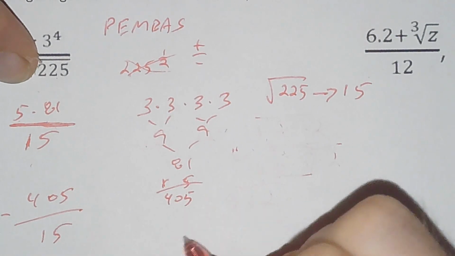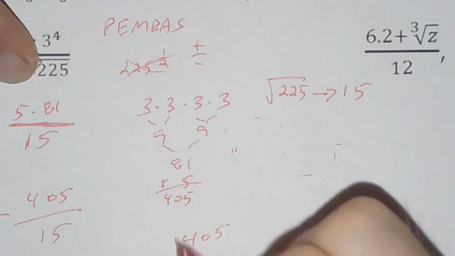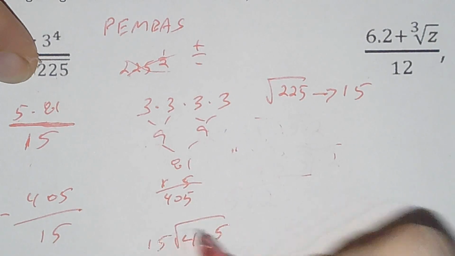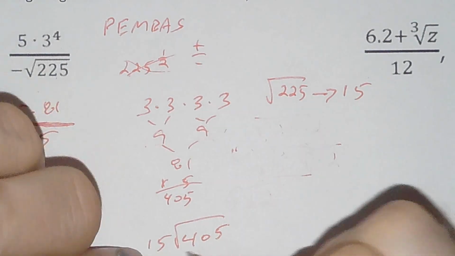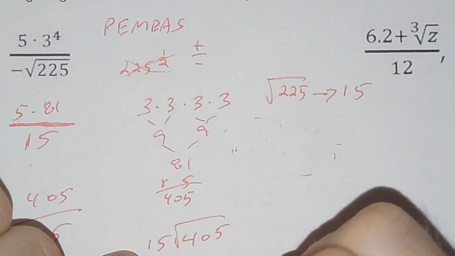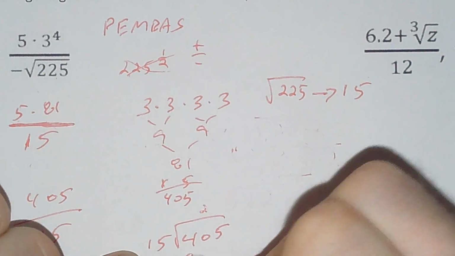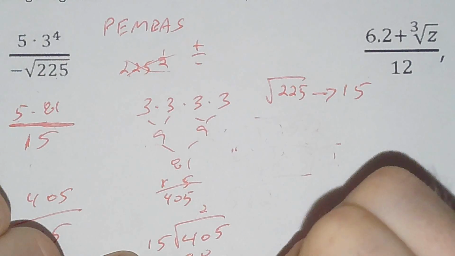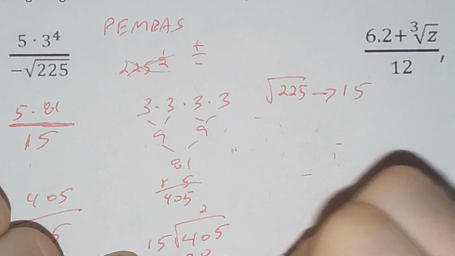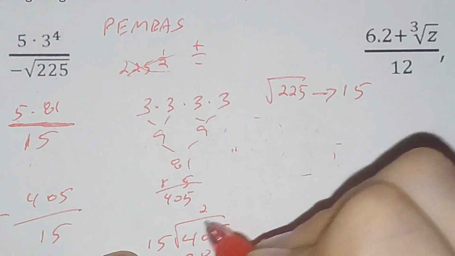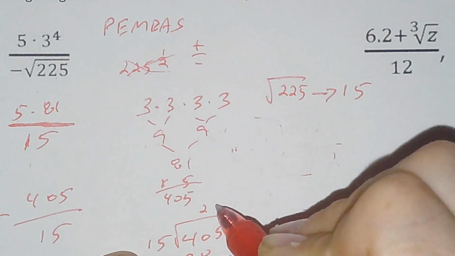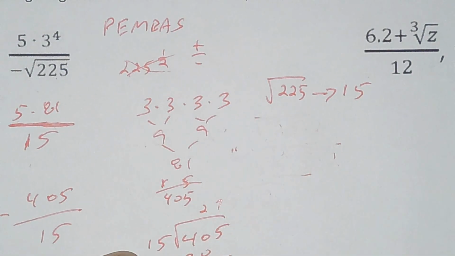15. Now, so 405 divided by 15. This is going to be, let's see, it's going to be 2. Right, so it's going to be 30. Subtract that. That's going to be 10. Bring down the 5. And then probably 7, I think.